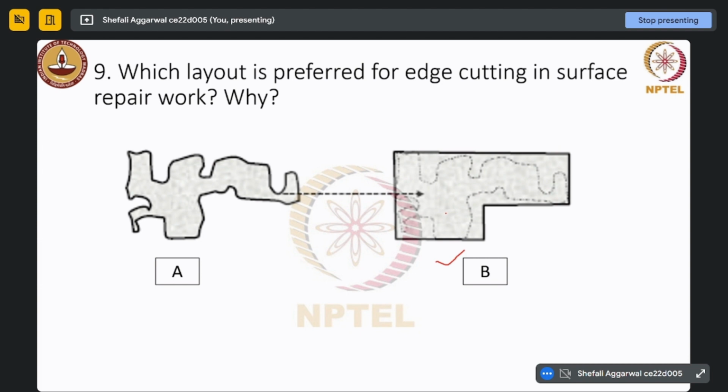See, if fewer of these edges are connected to our old concrete, even if there is shrinkage or any kind of problems with the new material or old material, this bonding will be better. If we have irregular structures, whenever shrinkage happens, this complete material will shrink, and it will cause different kinds of issues in a very small area.